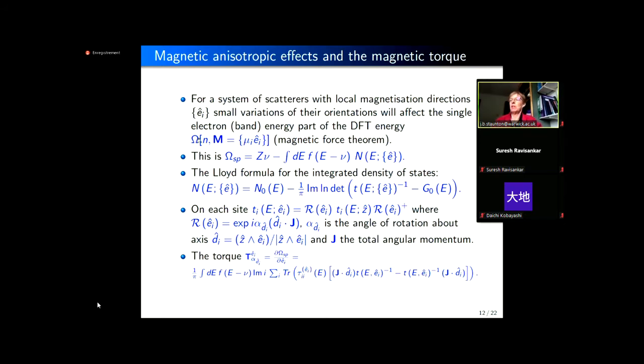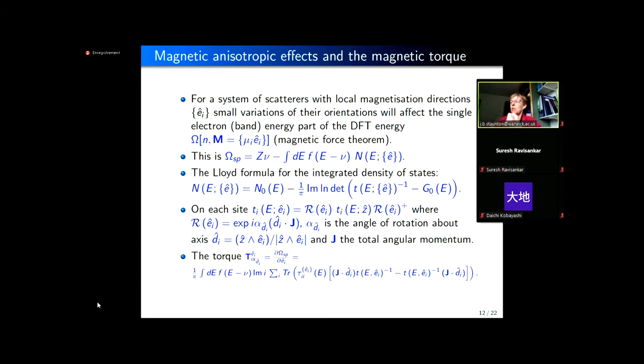So one sets up assuming that we've carried out a self-consistent density functional calculation where the system is now magnetized along a set of directions on the different sites. And then one writes down the form of that energy in terms of scattering quantities, etc. And we've got the single particle part, which I'm not sure if you've seen this already, but in density functional theory, this would be the sum of the single site energies, and you just sum up until you've used up all the number of electrons in the system.